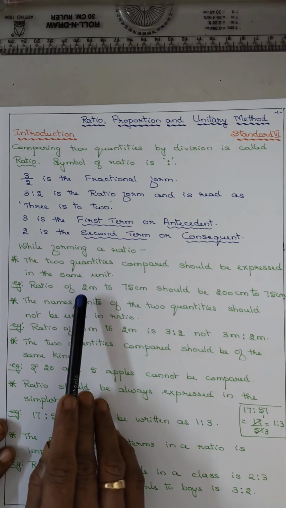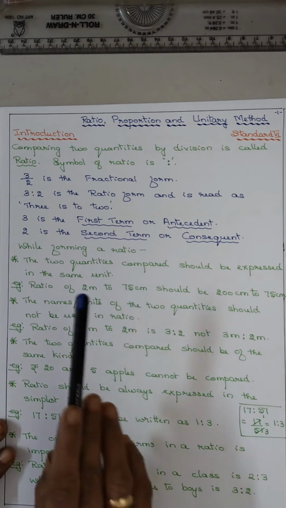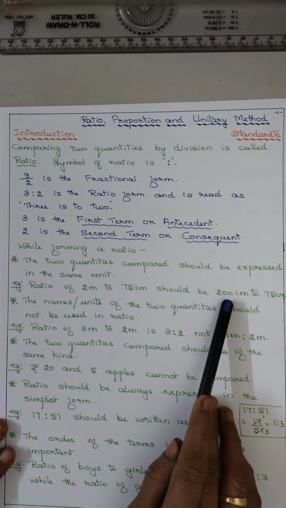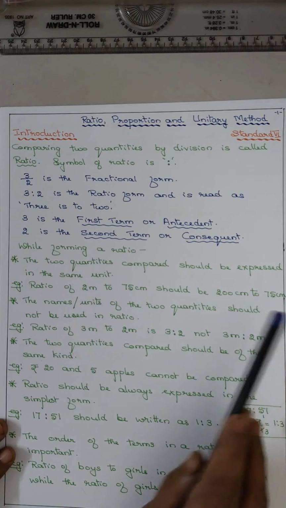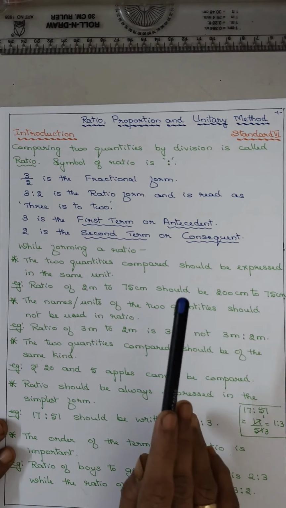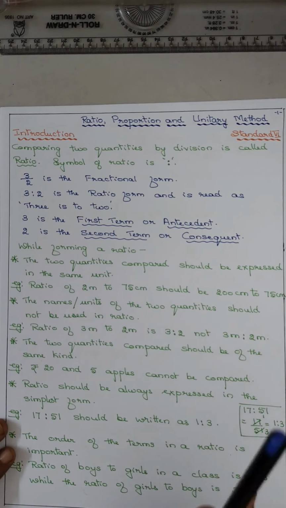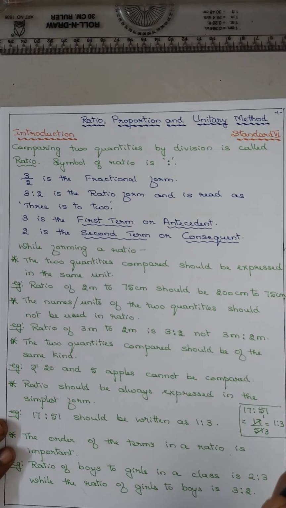You can't write 1 in meter, the other in centimeter. Convert it. So it should be written as 200 centimeter to 75 centimeter. 2 meter is equal to 200 centimeter. Convert them into centimeter. Otherwise, convert both into meter. Then you can write 200:75.